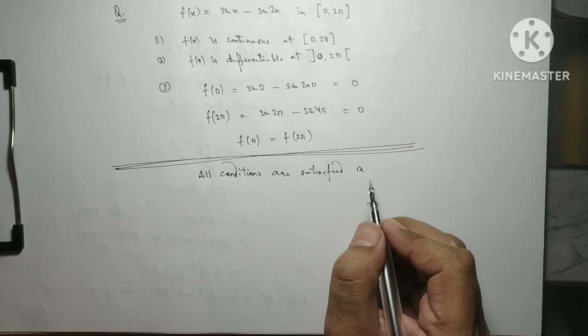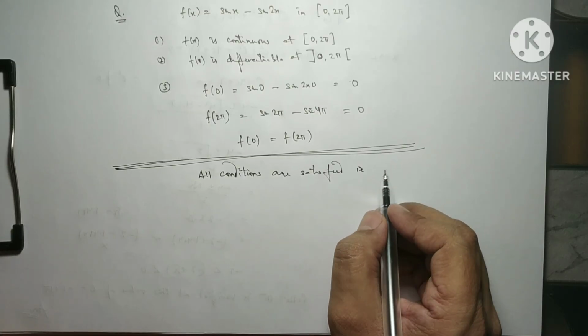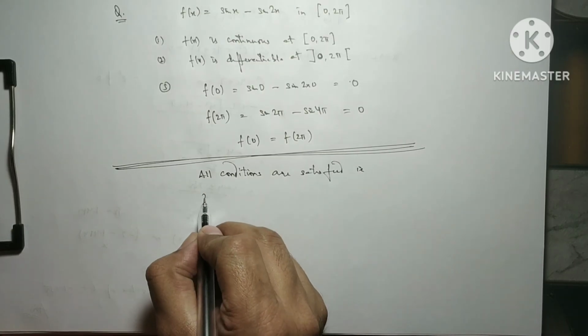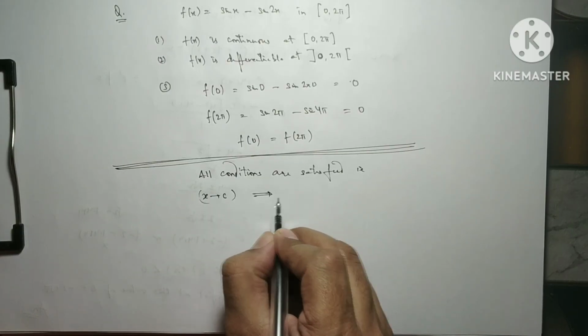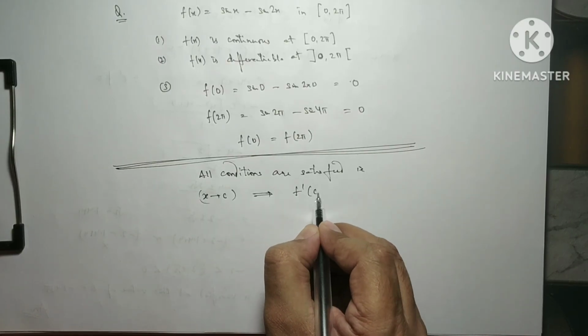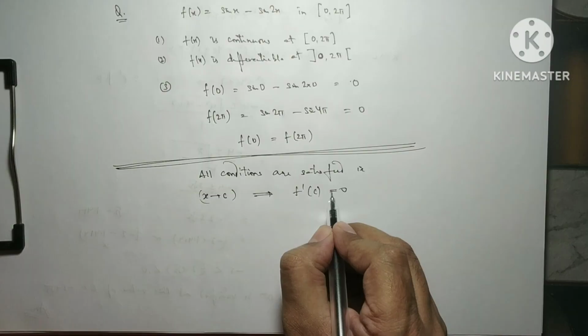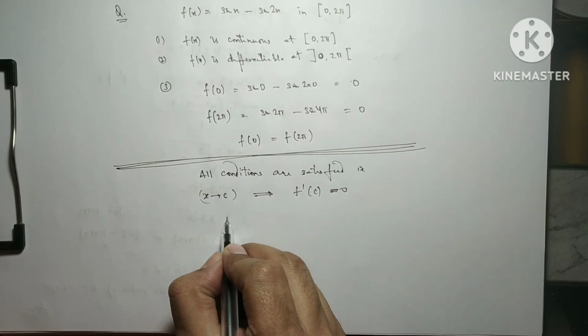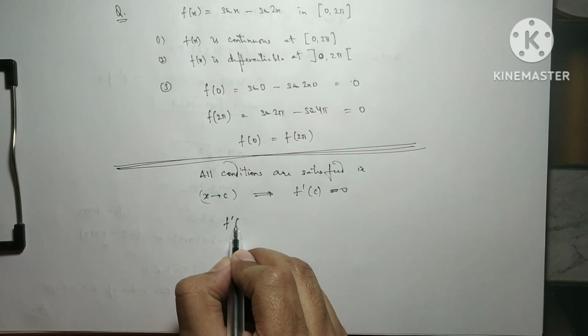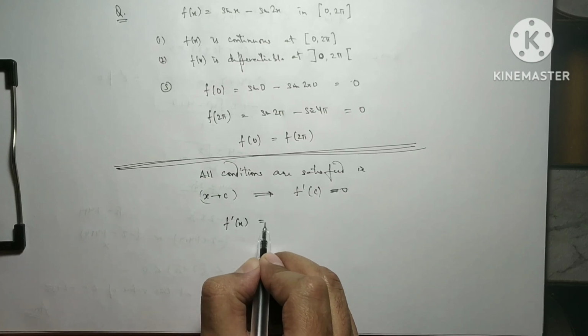That means there should be some value c for which the first derivative will be 0. So we take the first derivative, f'(x).